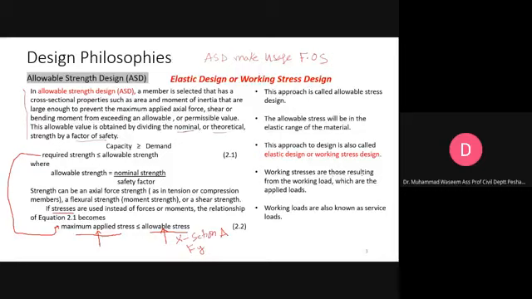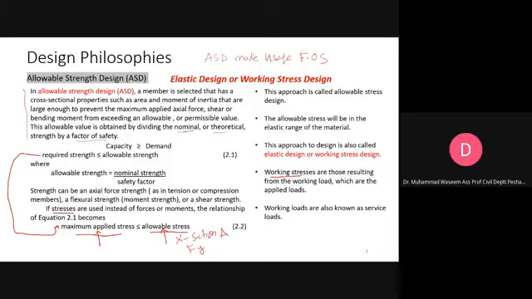Working stresses are those stresses which result from a service load. When the loads are service loads, the stresses produced in the member we call the working stresses. And the working stresses are always elastic, because we keep the member resistance so high that the stresses produced in the member remain elastic.